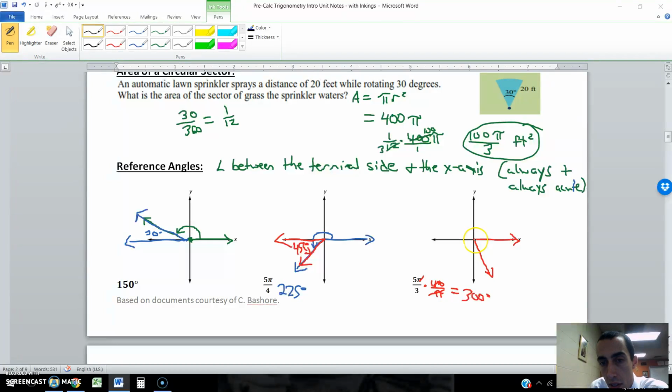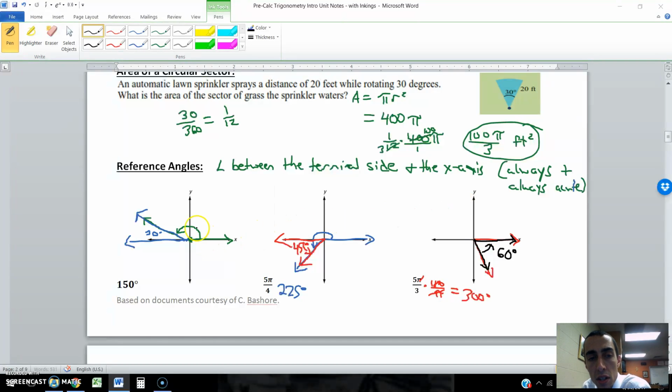So then our reference angle will start from the terminal side and go to the nearest x-axis, which in this case will be the positive x-axis. And what's that angle measurement in degrees? All right, so this angle here would be, what we'd said is 300 degrees. It's 30 degrees past the negative y-axis here. So if this is 30 degrees in here, this distance in here will be 60 degrees.